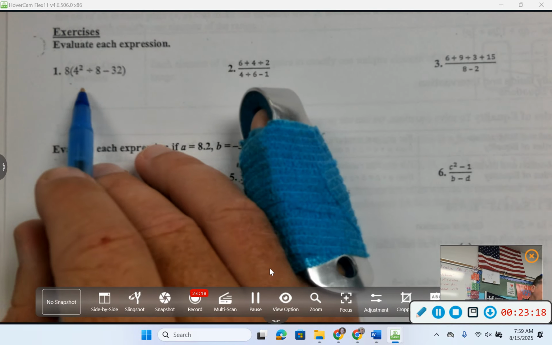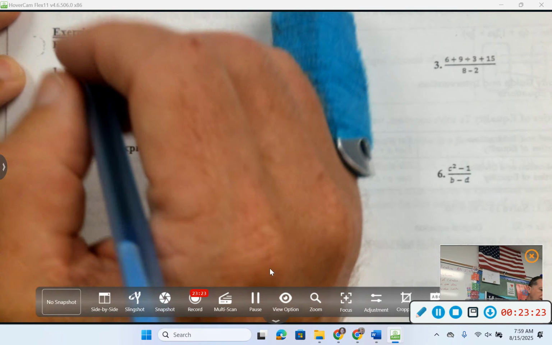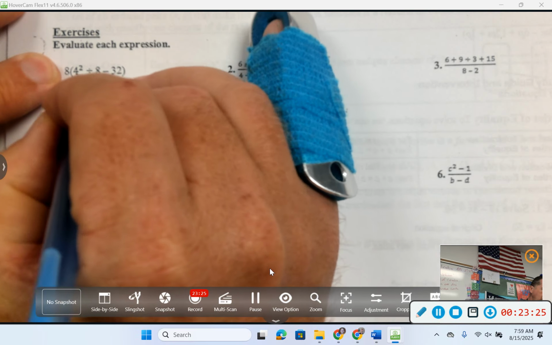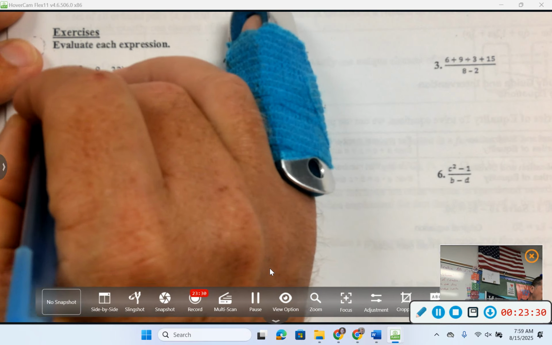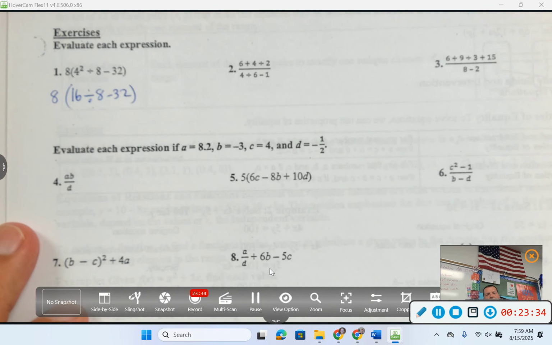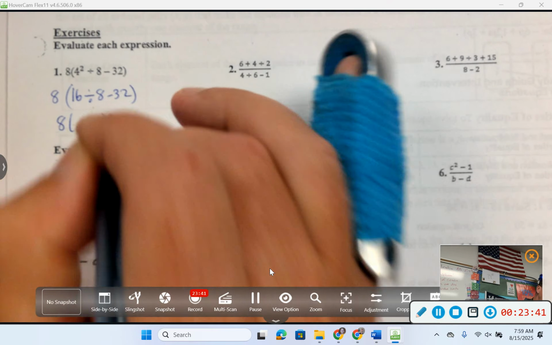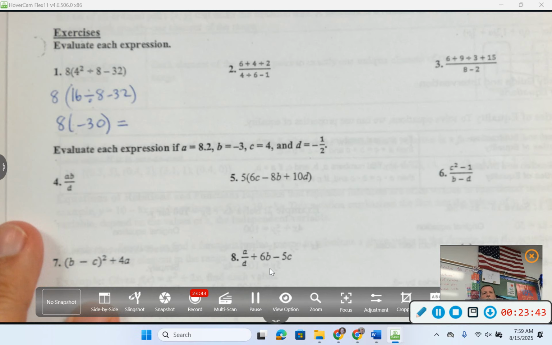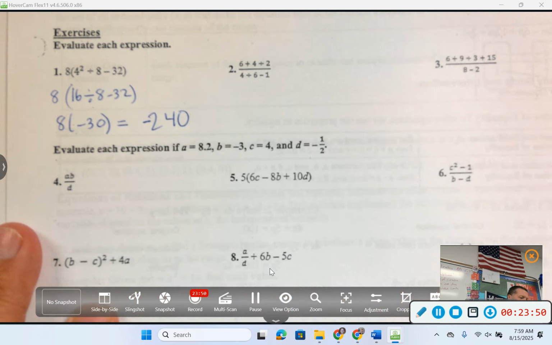Thinking about order of operations, I definitely want to do the parentheses before I worry about the 8. 4 squared is 16. 16 divided by 8 is 2. 2 minus 32 is negative 30. And 8 times 3 is 24, with a 0 on the end of it. So negative 240.